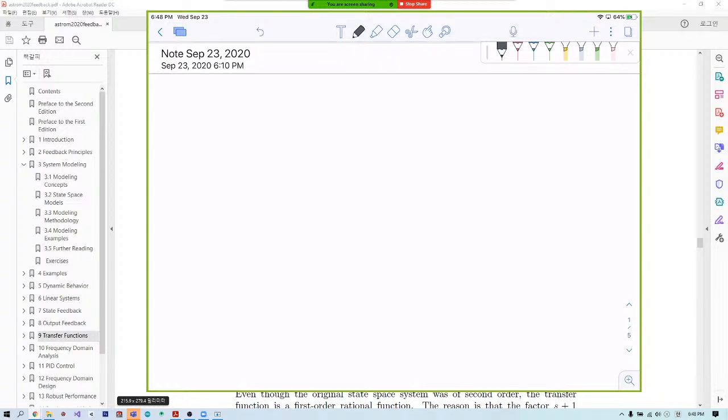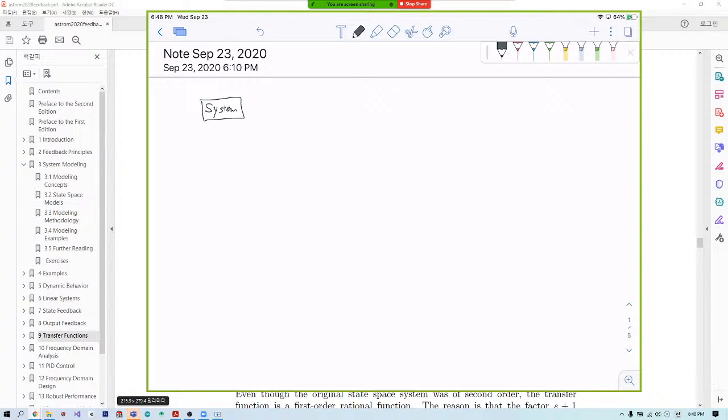All right, so if we want to describe a system, it can be a physical system or anything, and we want to make a mathematical model of it. There are several ways to represent a particular system mathematically.